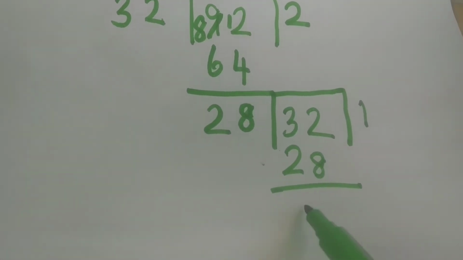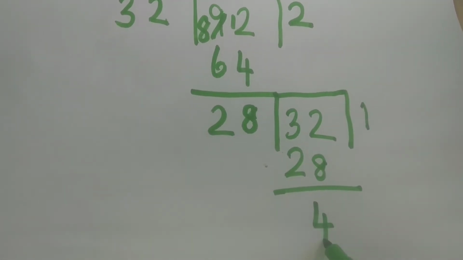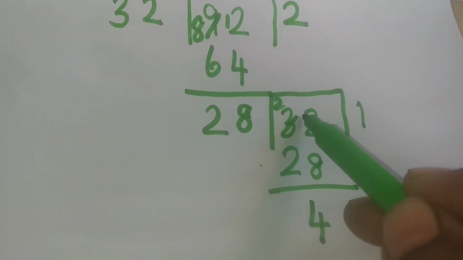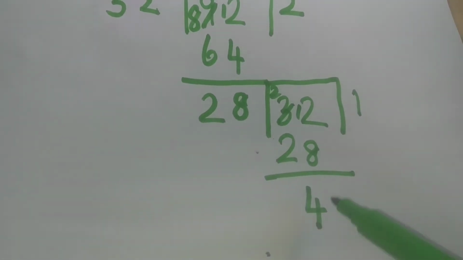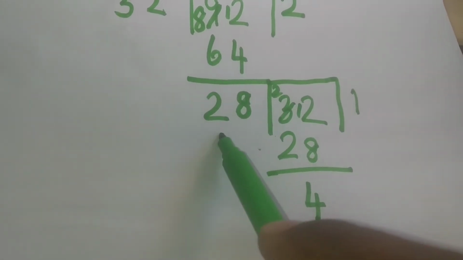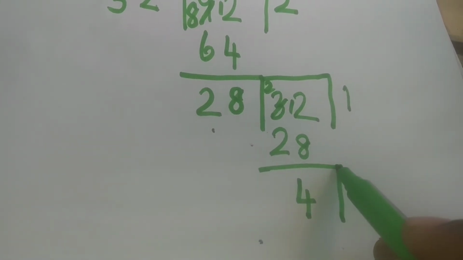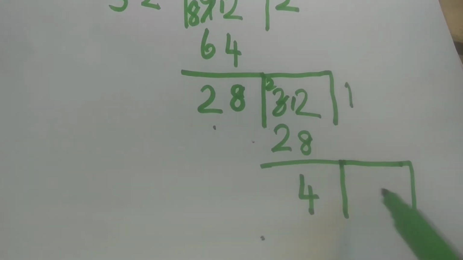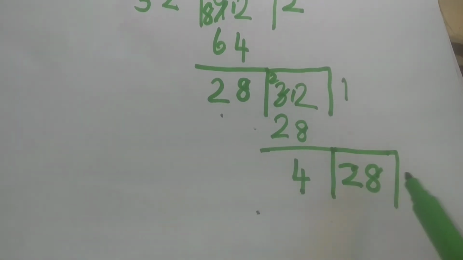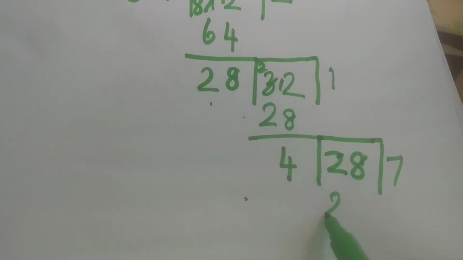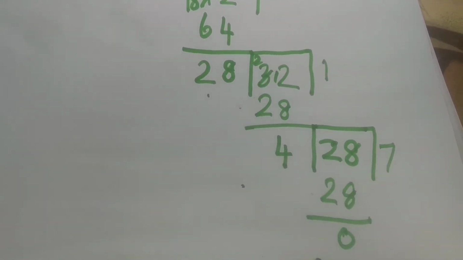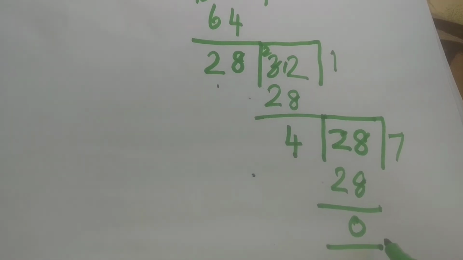So what do you get? 4, because we can't subtract, so we have to borrow, and it becomes 12. 12 minus 8, 4. 2 minus 2, 0. Now this 28 becomes the dividend. So 4 7s are 28, isn't it? And the remainder is 0. At last we got the remainder as 0, isn't it?